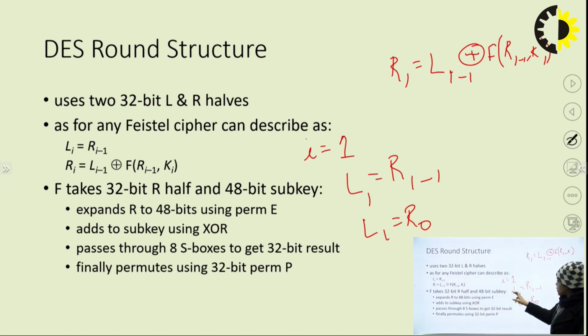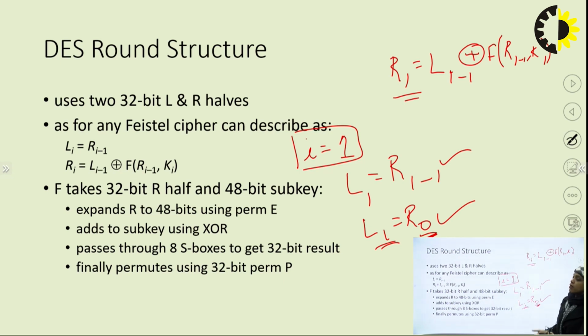In the same way, for round 1, where the value of I is 1, the left half values come straight from the right half, previous right half to the next left half. And if we talk about R1, this right half is equivalent to the previous left half, 1 minus 1 gives L0, XORed with the function of R0 and K1.